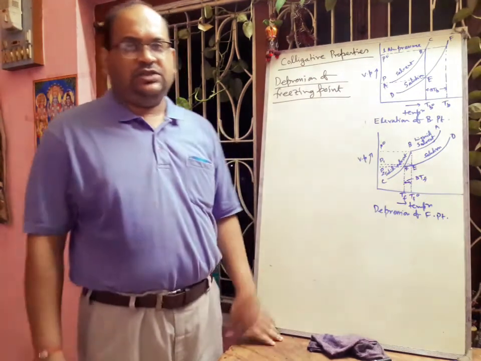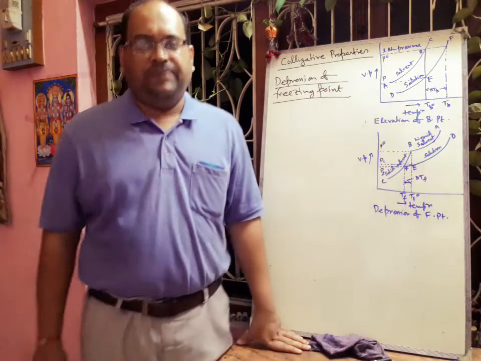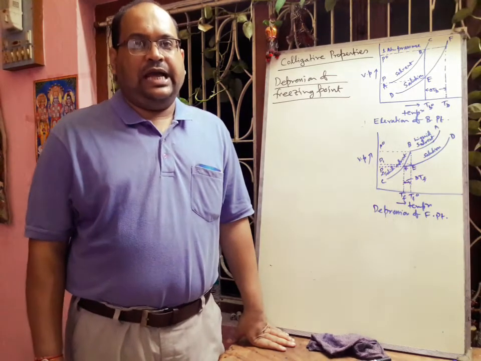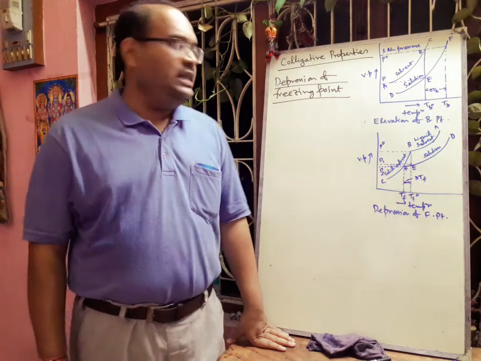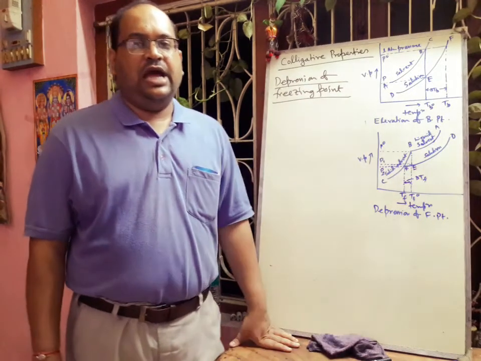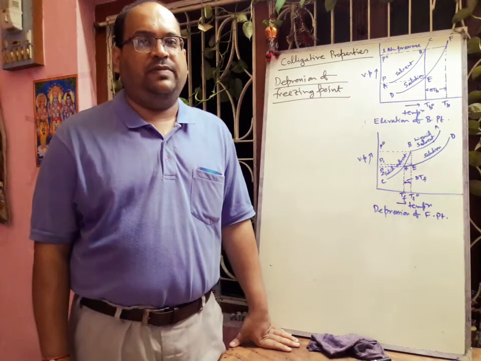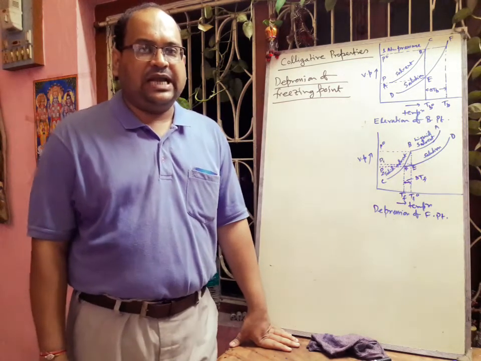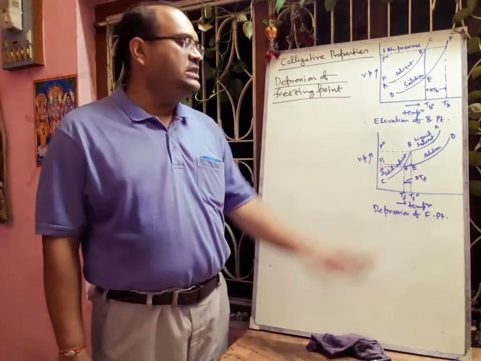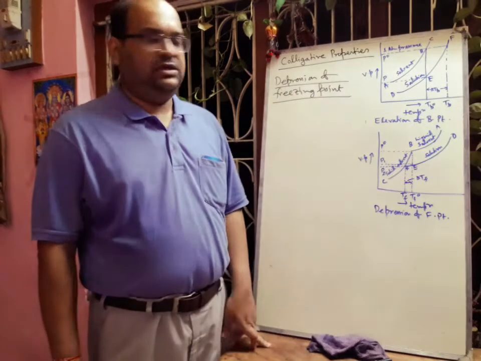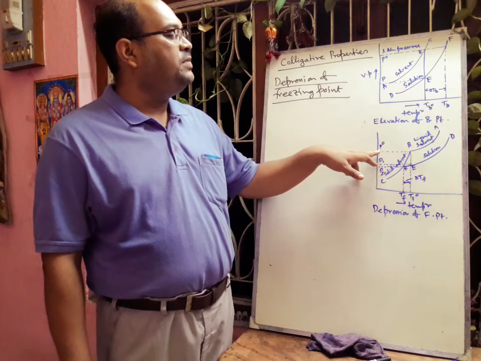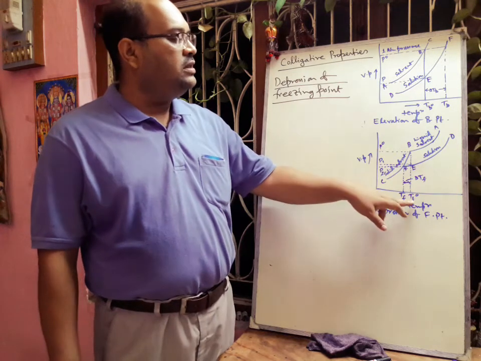These two curves intersect at the point B, where the vapor pressure of liquid solvent and the solid solvent are equal, and the temperature TF0, corresponding to this vapor pressure P0, is the freezing point of the pure solvent. The vapor pressure curve for the solution lies below the curve for the pure solvent and is represented by DEF.